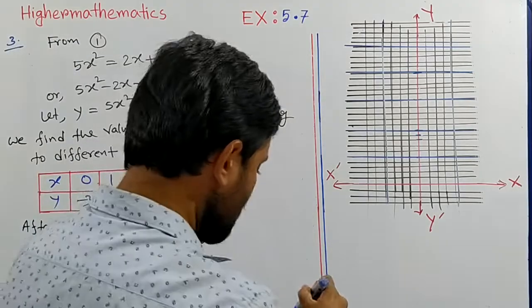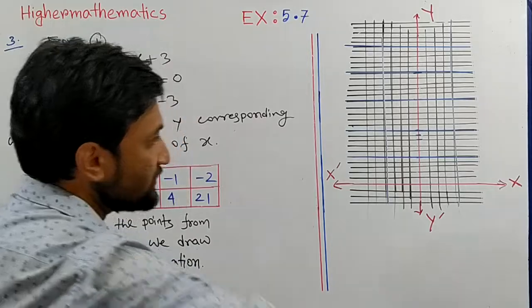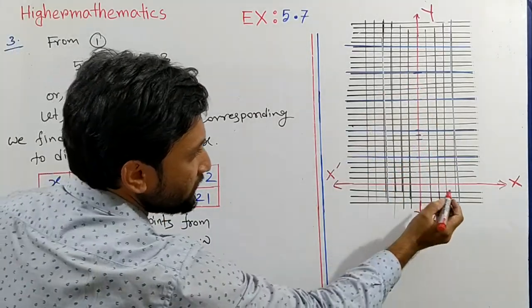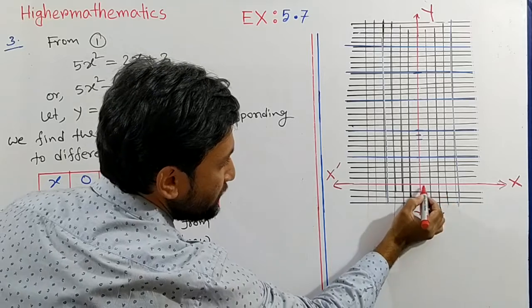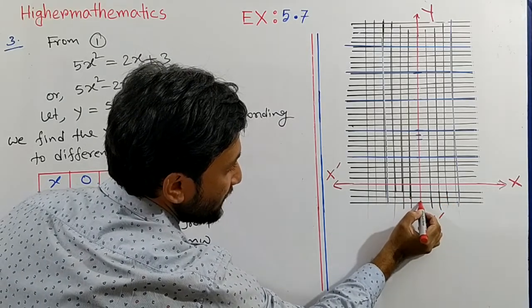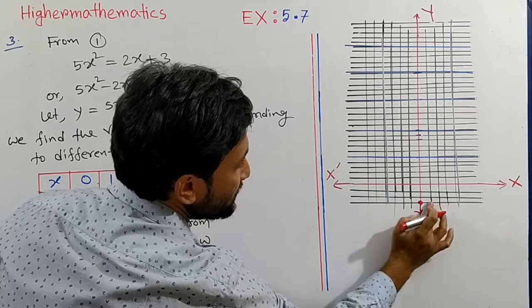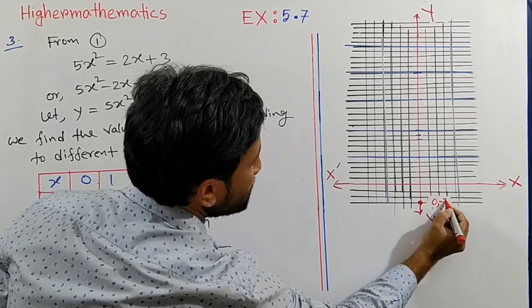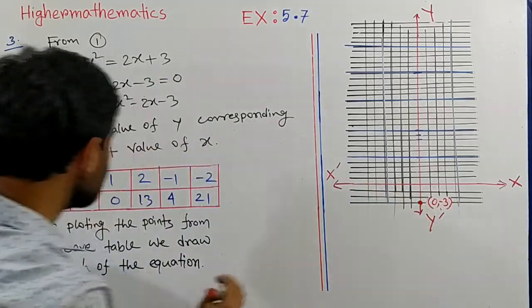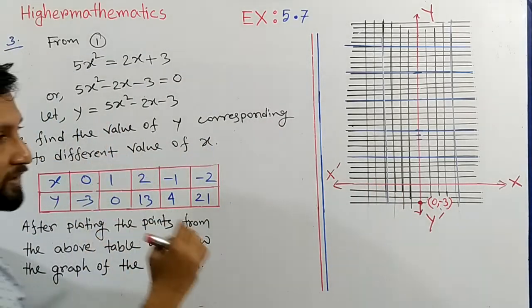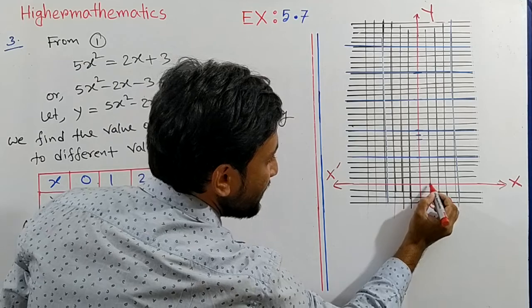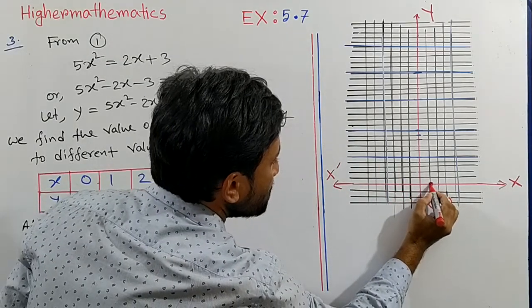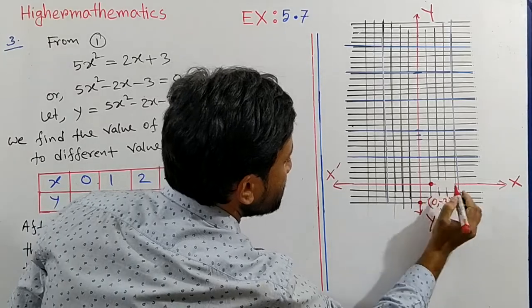So −3 is on the lower part of the y-axis, so mark this point as (0, −3). The next point is (1, 0). The value 1 is on the x-axis, and y is 0, so mark this as (1, 0).